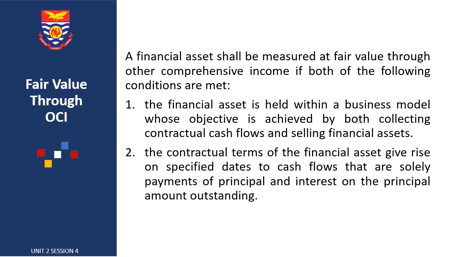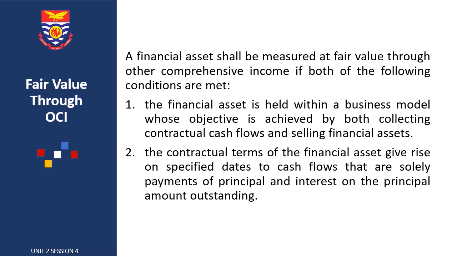So when we look at this condition, the only distinguishing feature between this condition and that of the amortized cost is that with the amortized cost, you are not having the intention of selling the financial asset. But with fair value through OCI, you have the intention of what? Selling the financial asset, at the same time expecting the contractual cash flows.